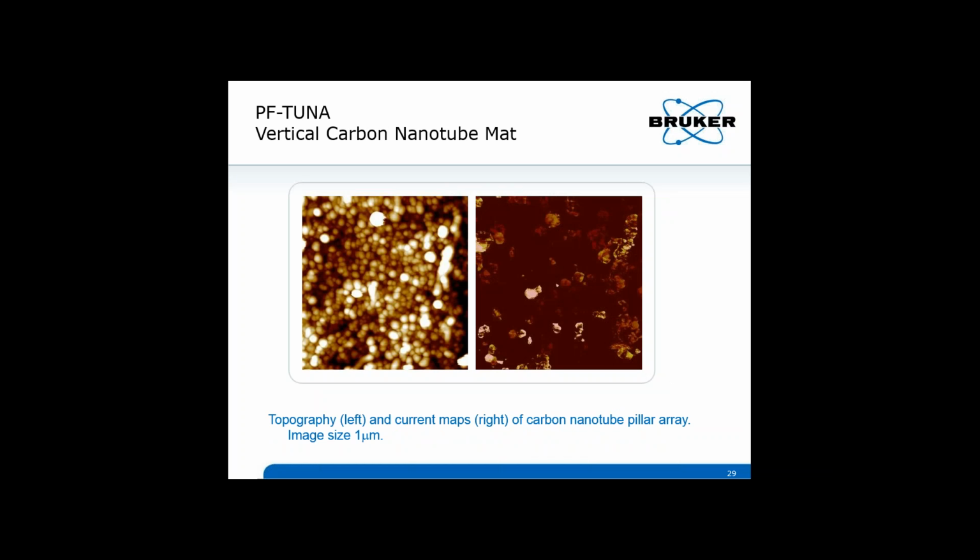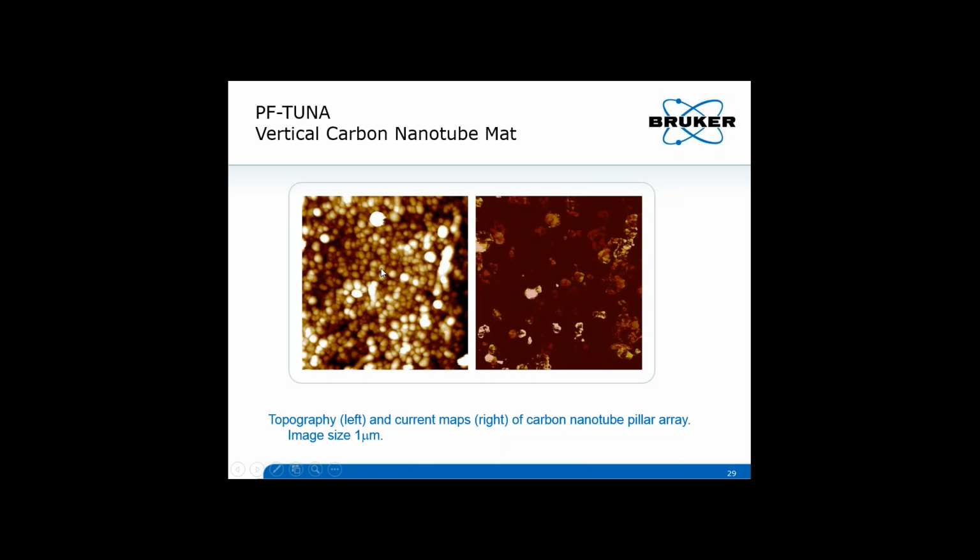Another example is PF TUNA imaging on a vertical carbon nanotube mat. The left side is the height sensor image, and the right side is the peak current image. As we can clearly see, the tuner current image correlates to individual carbon nanotubes.